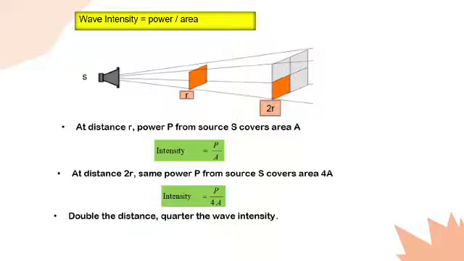By doubling the distance, we have a quarter of the wave intensity. This is known as the inverse square law, that is, intensity is inversely proportional to r square.